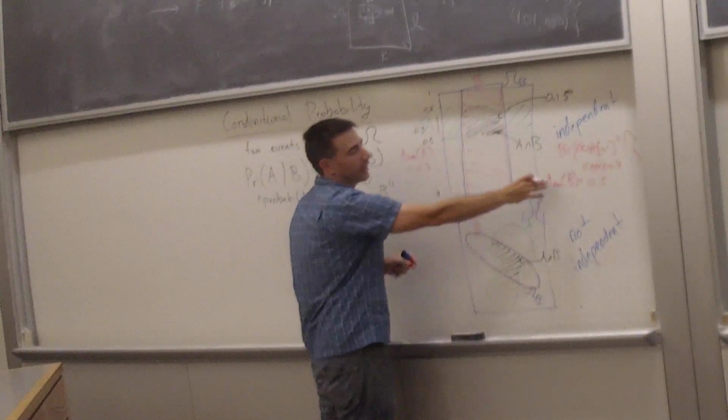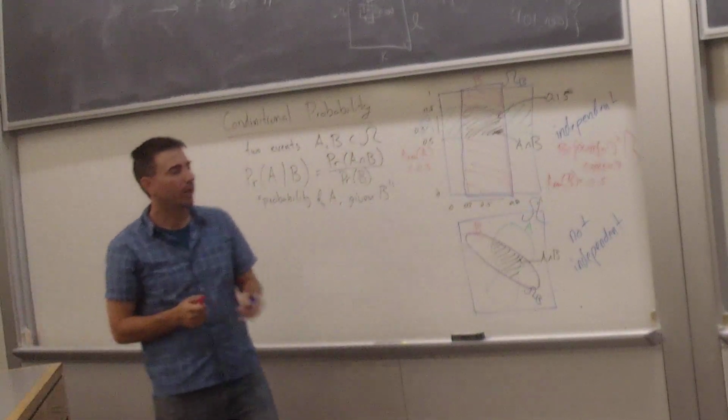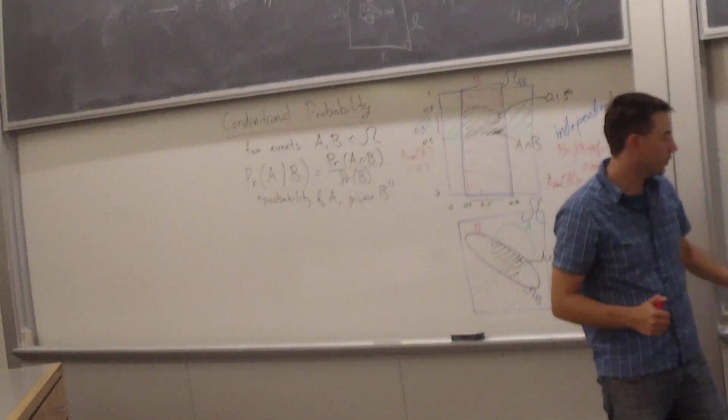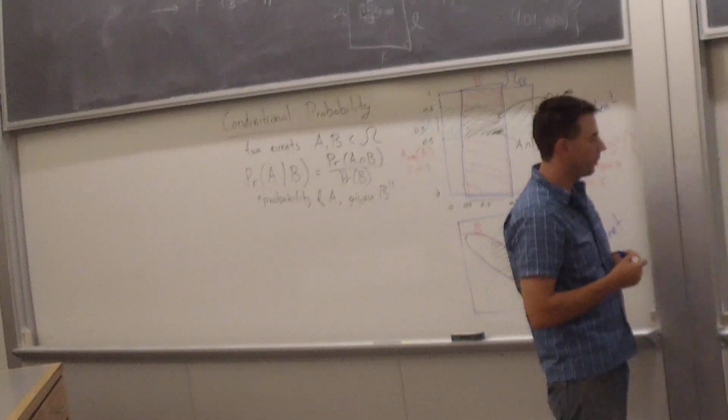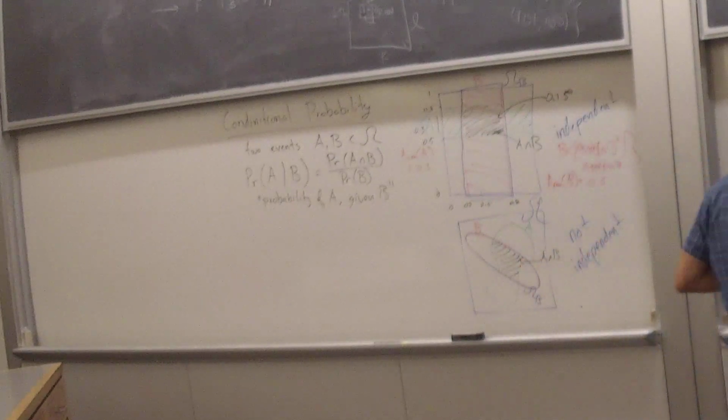With B, it's just the x values, and there are 0.5 of those. One way to check independence is to see if this equation holds. I want the probability that they both hold to be the product of these probabilities. This is 0.3, and this is 0.5, so this should equal 0.15.